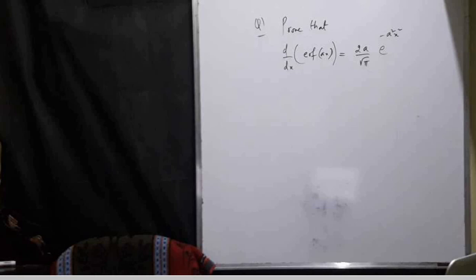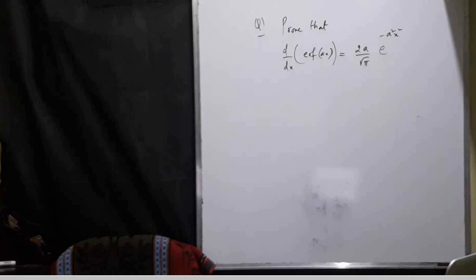To prove this one, let us start with the LHS. d by dx of the error function at ax is nothing but d by dx of the complete error function, which is 2 by root pi integral 0 to ax, that is going to always become the upper limit, e to the power of minus t square into dt.